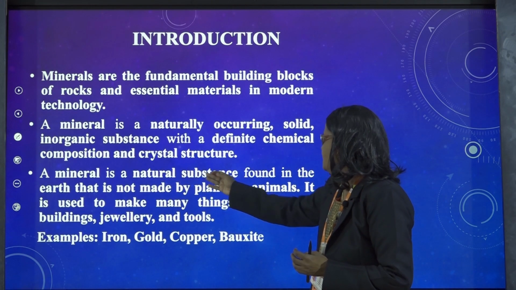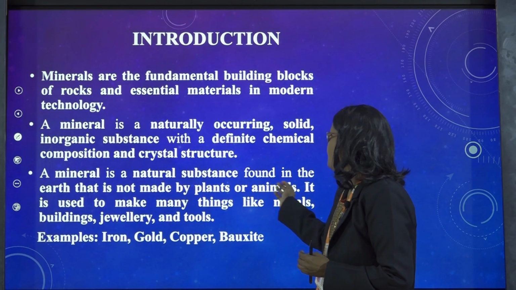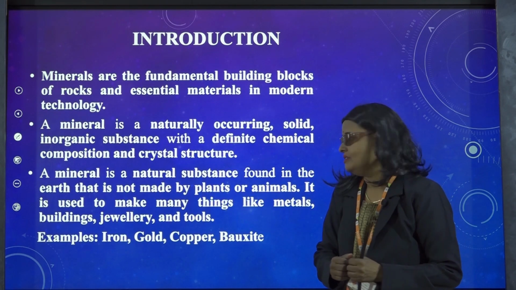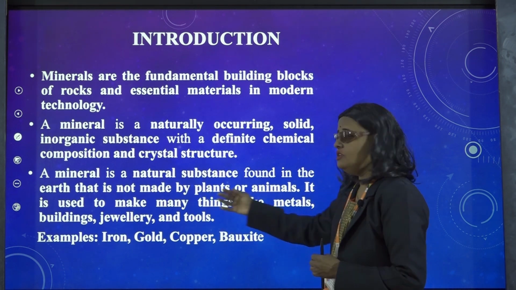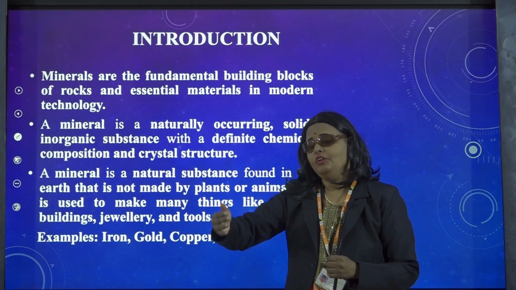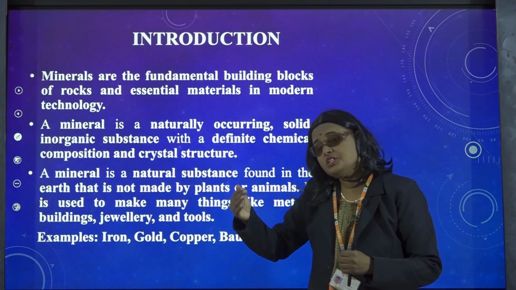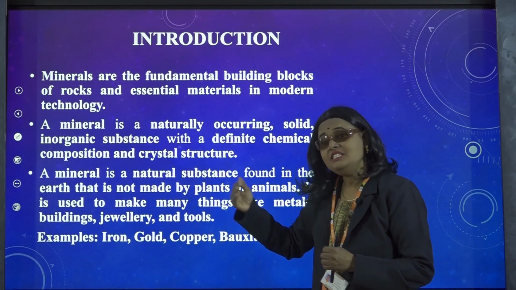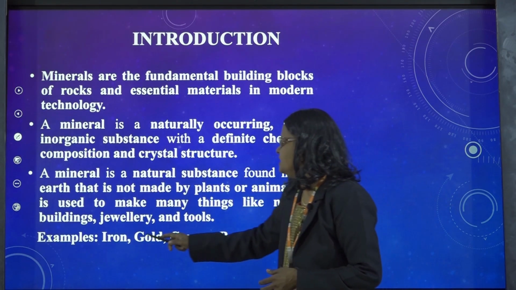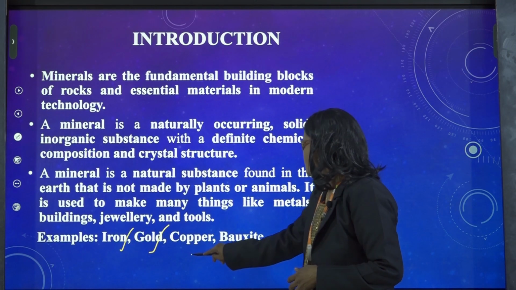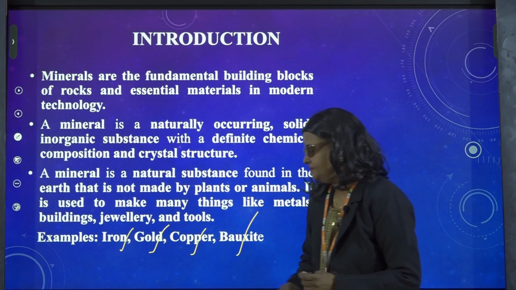This is a natural substance found in the earth which is not made by plants or animals, right. And we utilize these minerals in buildings, that means in construction activities, to prepare jewelry and tools. They have given some examples here: iron, gold, copper, bauxite, right.